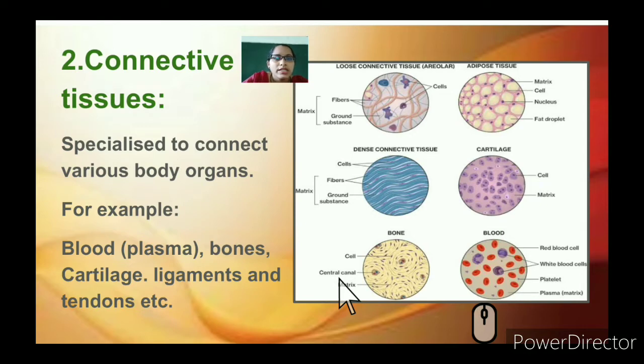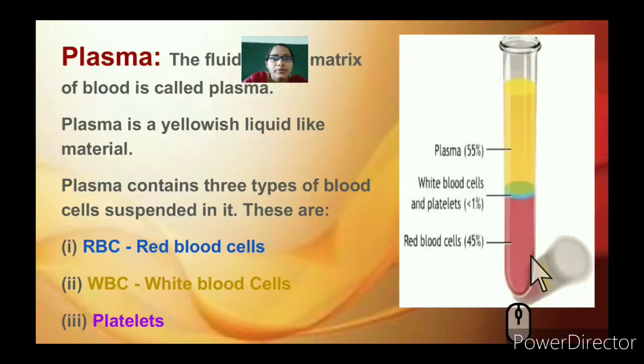You can see here different types of connective tissues: loose connective tissues or areolar connective tissues, adipose tissues or fat cells, dense connective tissues, then tissues related to cartilage, tissues of the bones, and also blood. For example, blood plasma, bones, cartilage, ligaments and tendons are connective tissues. Let's know more about these connective tissues.